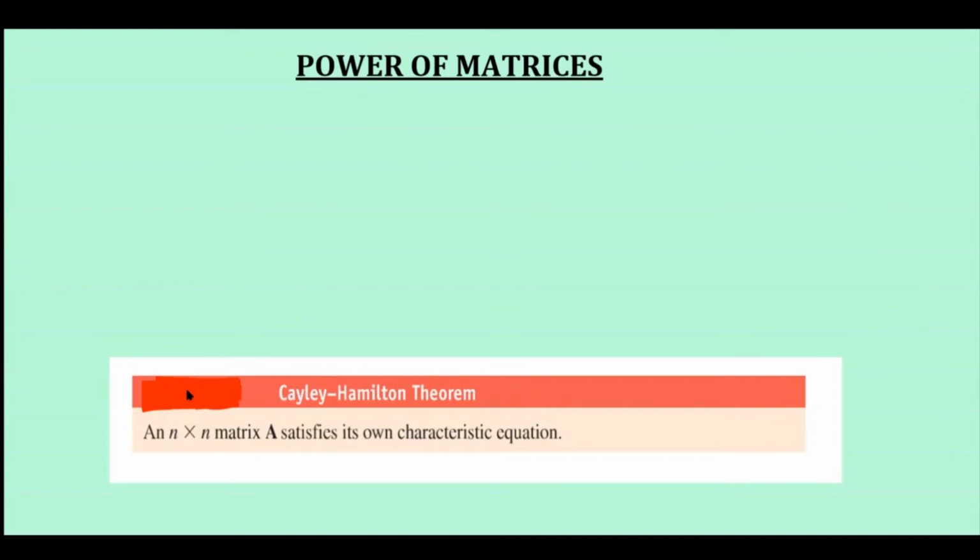Power of matrices. Let A be an n by n matrix. Now suppose that we want to find the power of A raised to m, where m is a positive integer.